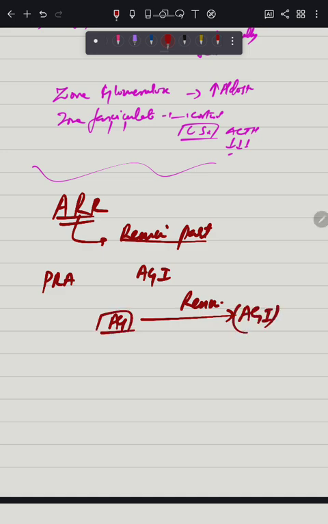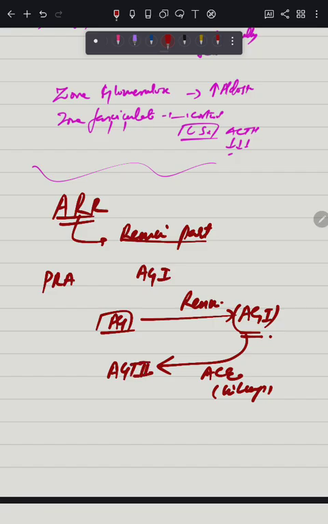We know that angiotensinogen protein is made in the liver, so renin converts it into angiotensin 1, and angiotensin 1 is then converted by ACE in the lungs into angiotensin 2.